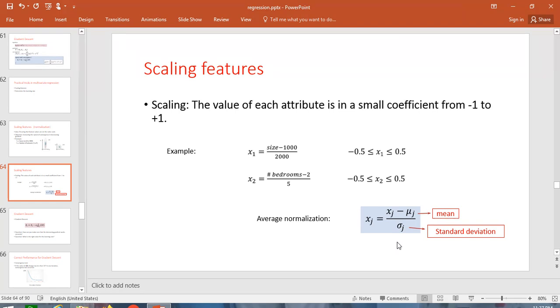This method is called mean normalization, or average normalization, which you can see in the slides.